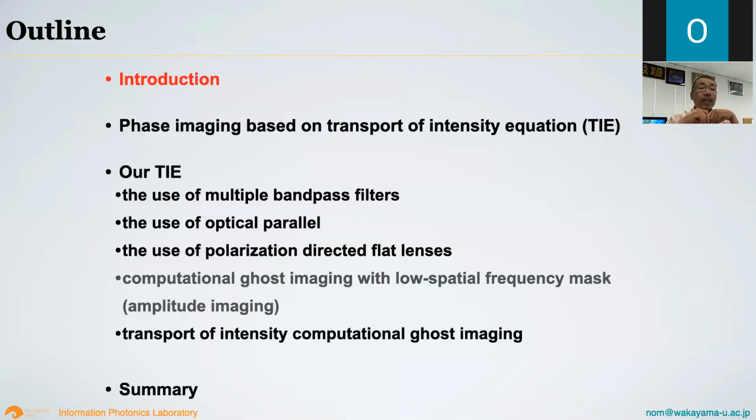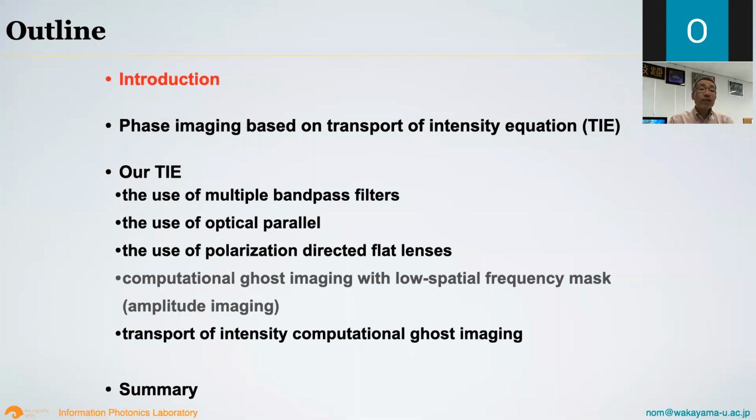So here is the outline of my talk. First, I will show you the introduction of my talk. Then I will give you a brief review of the phase imaging based on transport intensity equation, TIE. I will mention that some problems of TIE for phase imaging remain. This is the motivation of my talk.